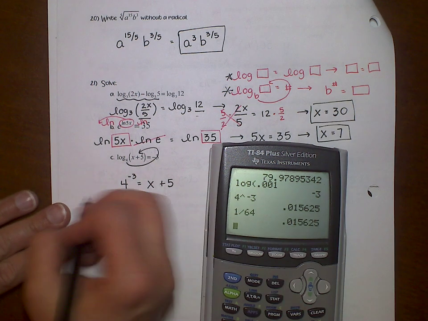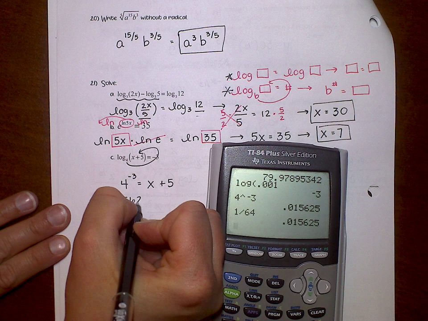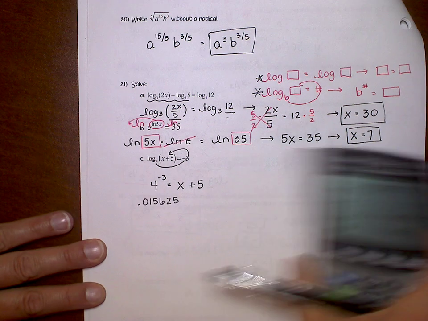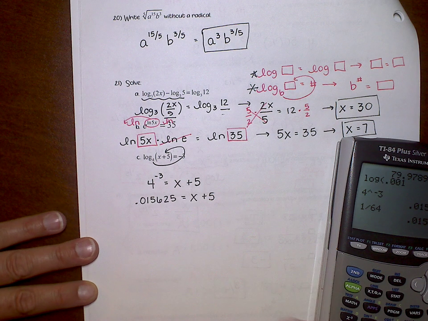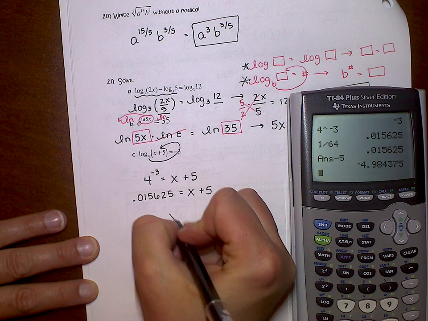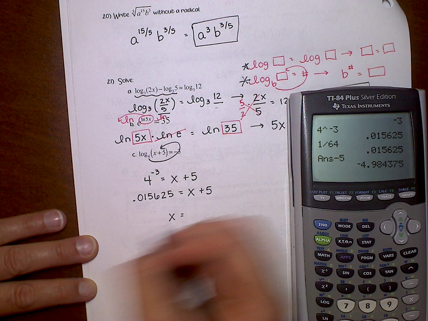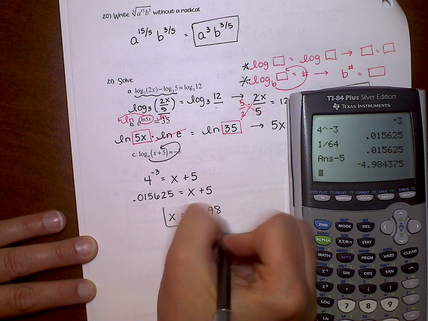But I now have 0.015625 equals that x plus 5. And then to solve for x, I'm just going to subtract 5 from it. So minus 5. And I end up with x being equal to, we'll just go negative 4.98. And that would be my answer.